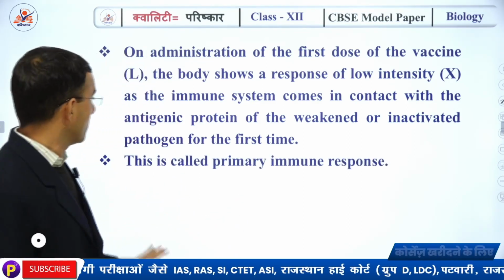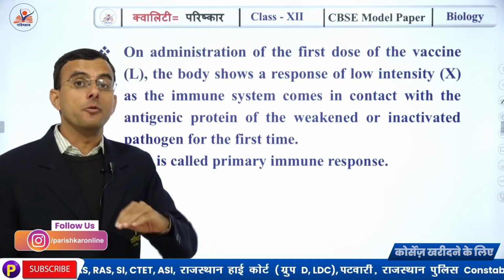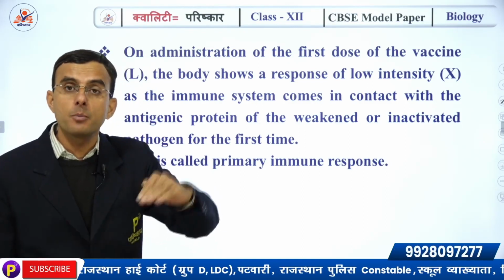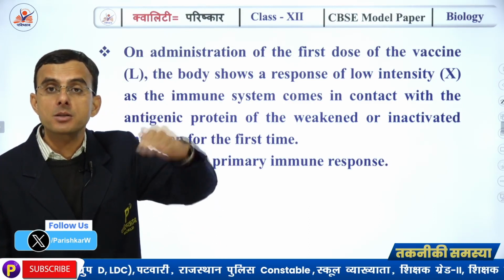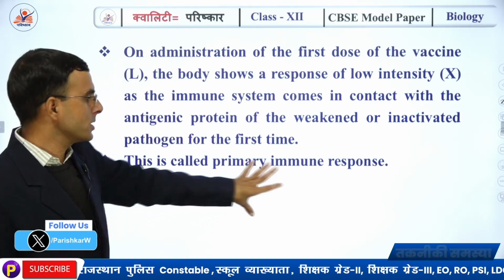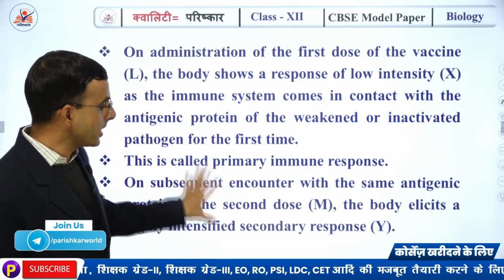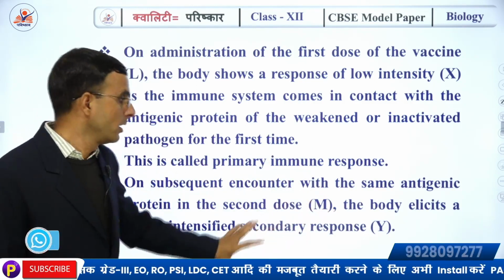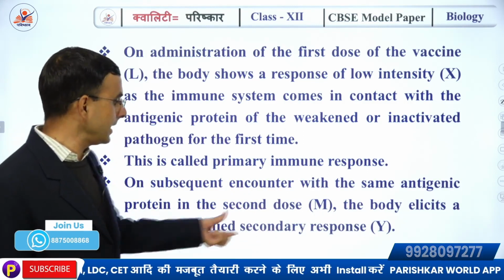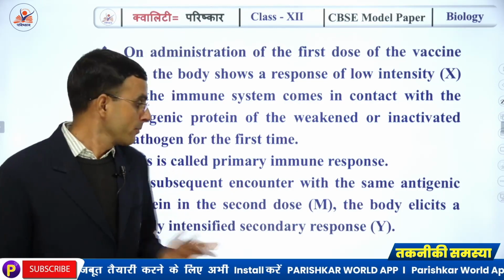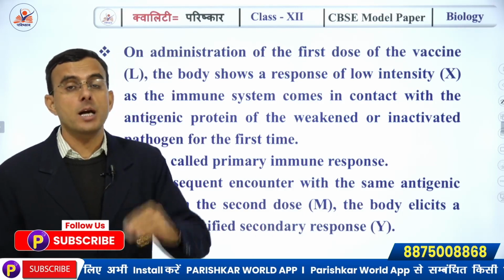Because of that reason, the second response is much faster and much higher. So this response is known as the primary immune response, and that is the secondary response. When we provide the second dose, the body elicits a highly intensified secondary response to that particular antigen.